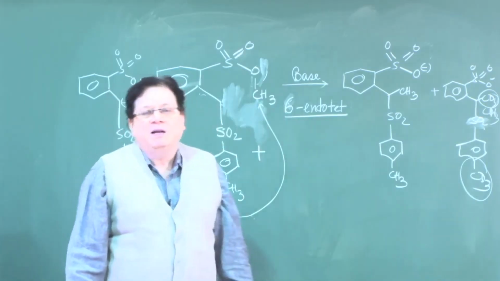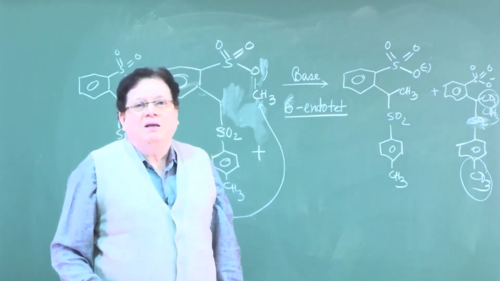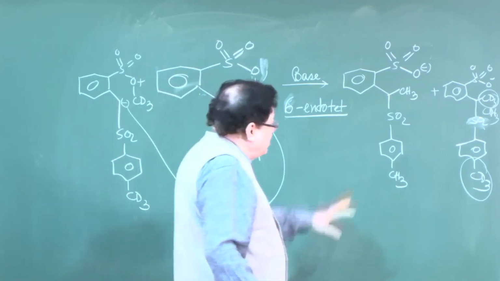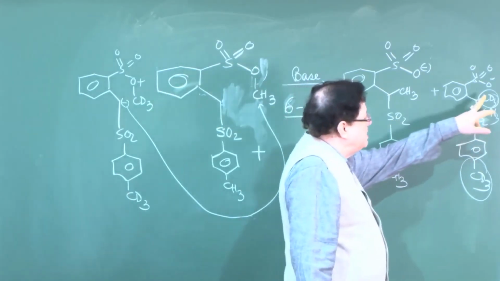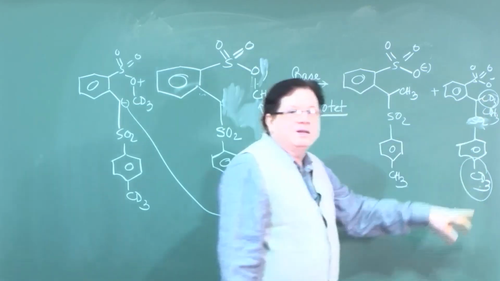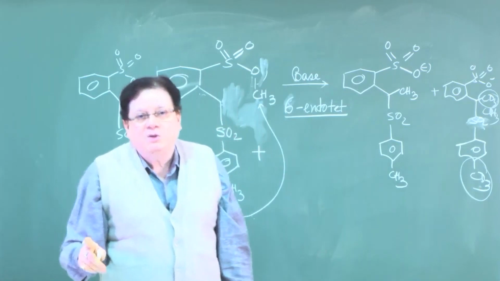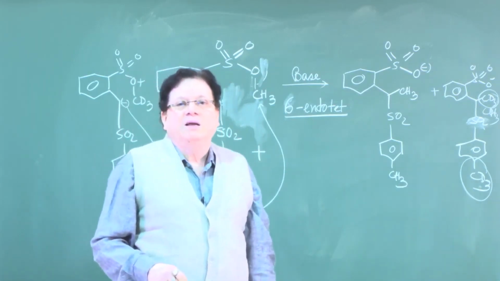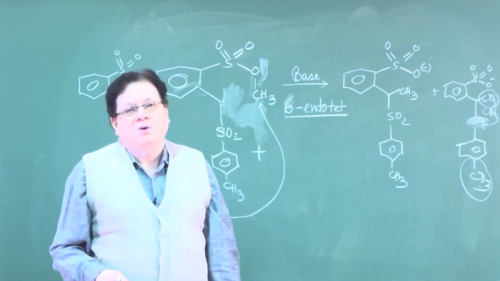That product was isolated: two types of crossover products, one is CH3 here, CD3 there, another is CD3 here, CH3 there. These are the crossover products. Those were isolated, and that immediately proved that this is an intermolecular process.